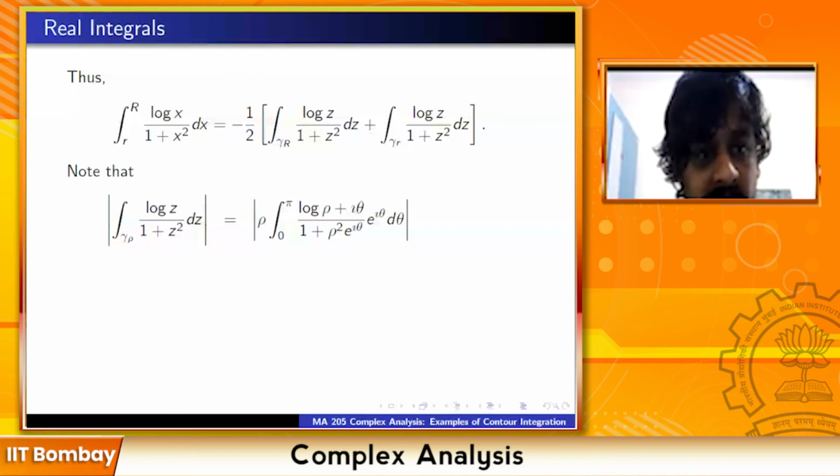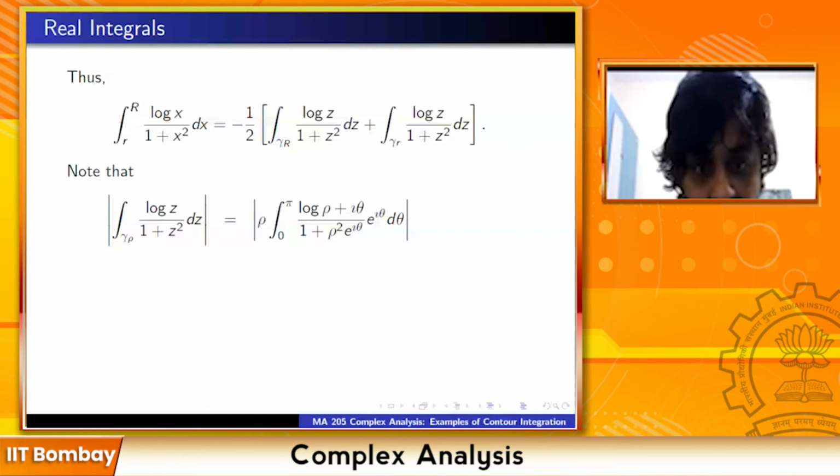So the modulus of the integral of log z dz upon 1 plus z square along gamma rho is equal to rho times the integral of, with z equal to rho e raised to i theta, the numerator becoming log rho plus i theta, upon 1 plus rho square e raised to 2i theta, times e raised to i theta d theta.